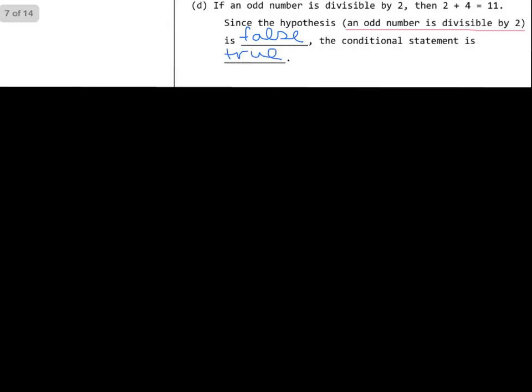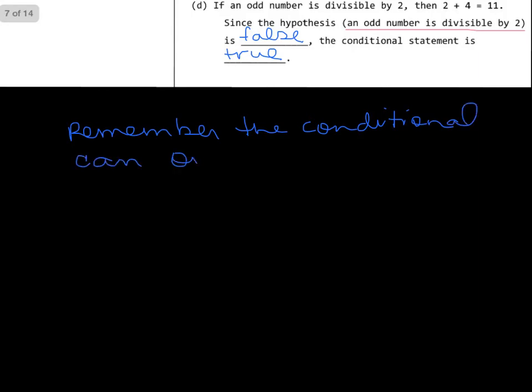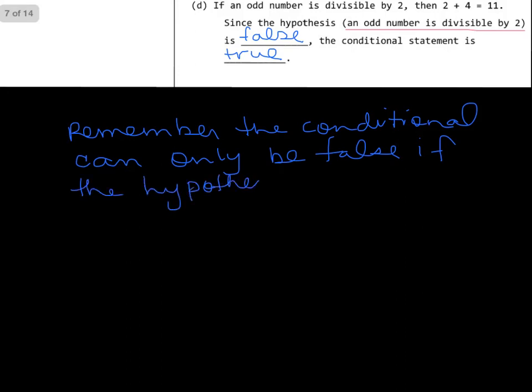Now, this might be hard for you to understand, but the key here is that you have to remember that the conditional statement can only be false if the hypothesis is true and the conclusion is false.